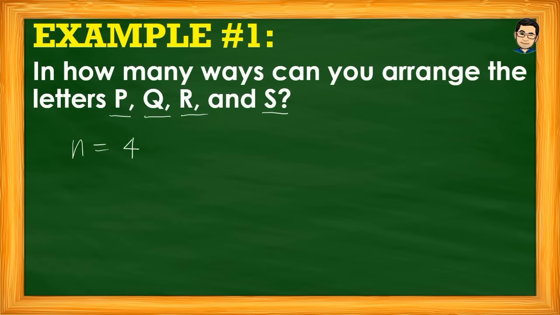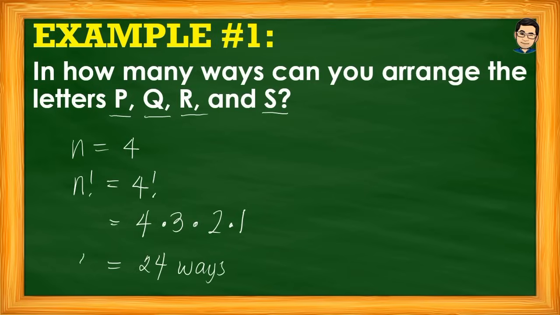Now, let's have n factorial. So that is 4 factorial. And then express lang natin yung 4 factorial as 4 times 3 times 2 times 1. So if we will multiply 4, 3, 2, and 1, our answer is 24.